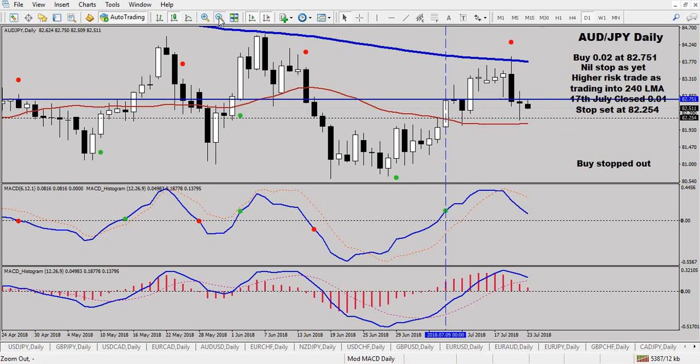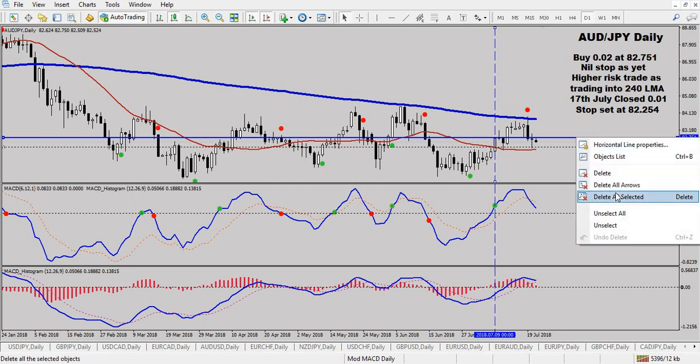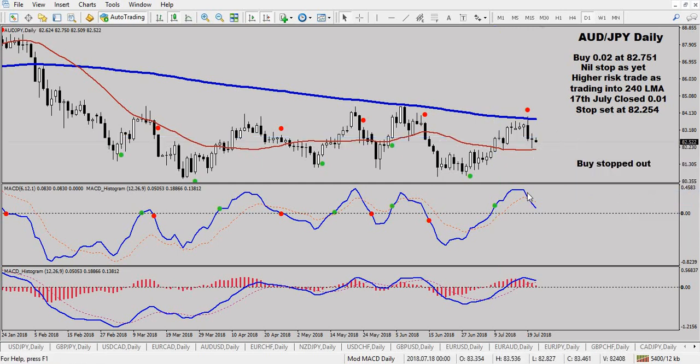I think it was a small overall loss only, so not too bad. So that buy trade on the Aussie Japanese yen is no longer in play, and there's not enough yet to take a sell trade. The main reason is the fast MACD has to break through the zero level. So at the moment, no trade on the Aussie Japanese yen.